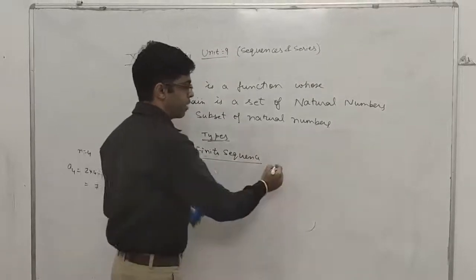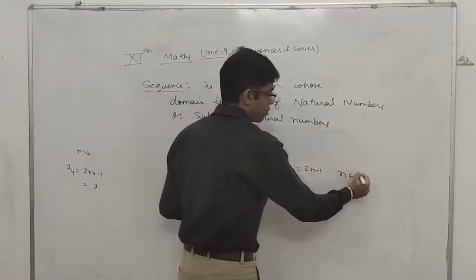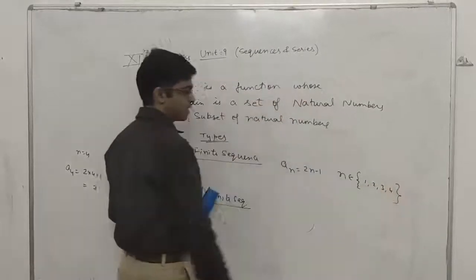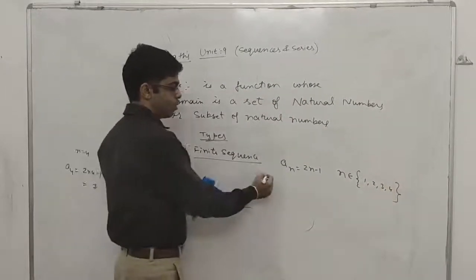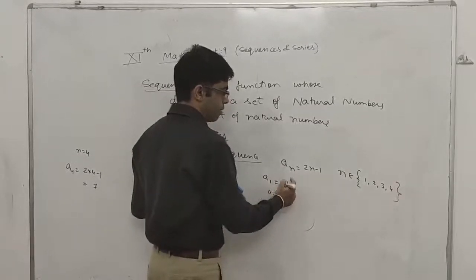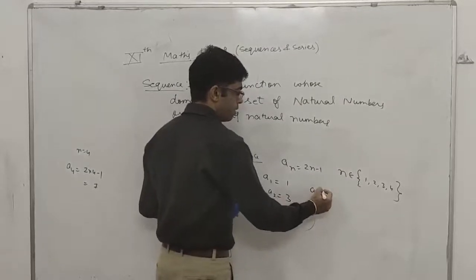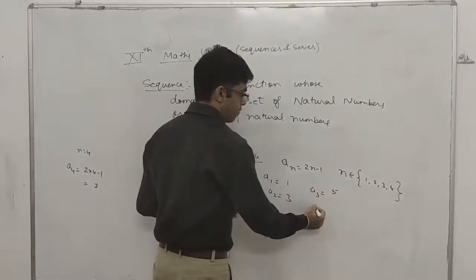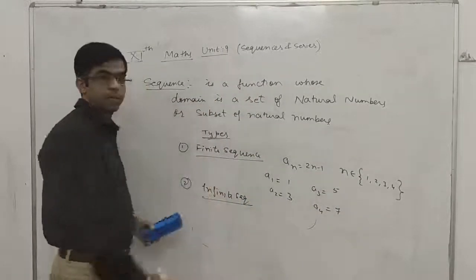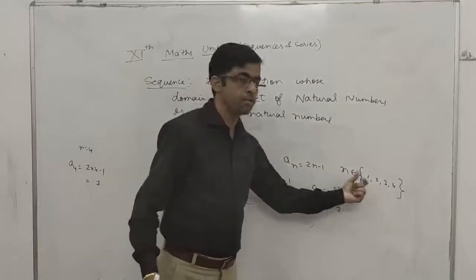Taking the same example, an is equals to 2n minus 1, where n belongs to 1, 2, 3, 4. So this is the example of finite sequence, because in this the first term will be 1, the second term, when we put n equals to 2, will be 3, the third term will be 5, and the fourth term will be 7. So this is the example of finite sequence where the domain is just a subset of natural numbers.